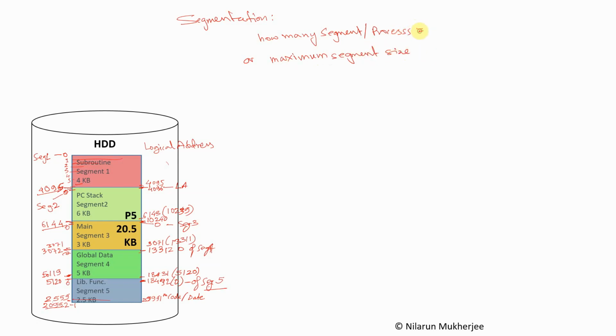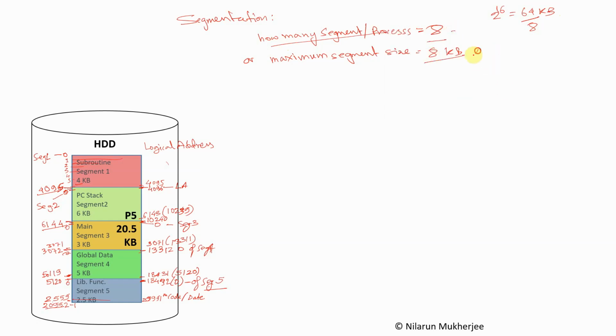Either we can go for choosing how many segments per process or maximum segment size. Both if I fix, that is, this is 8, and I am talking about a 16-bit system, so my 64 KB memory. So how many have I fixed? 8. So maximum segment size becomes 8 KB. If I fix it here, then the maximum number of segments per process becomes 8.